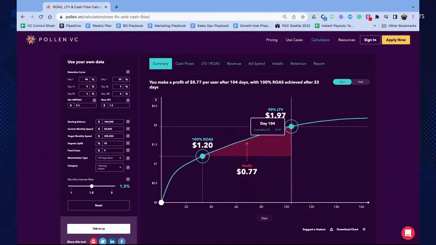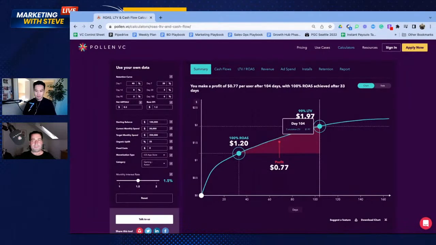Now, of course, the graph goes on here, but at some stage you have to call it, because the gradient is so flat. I think this is the 90% level, something like that. So essentially it's just an investment equation. $1.20 invested gives me $1.97 after 104 days, giving me a profit of 77 cents.